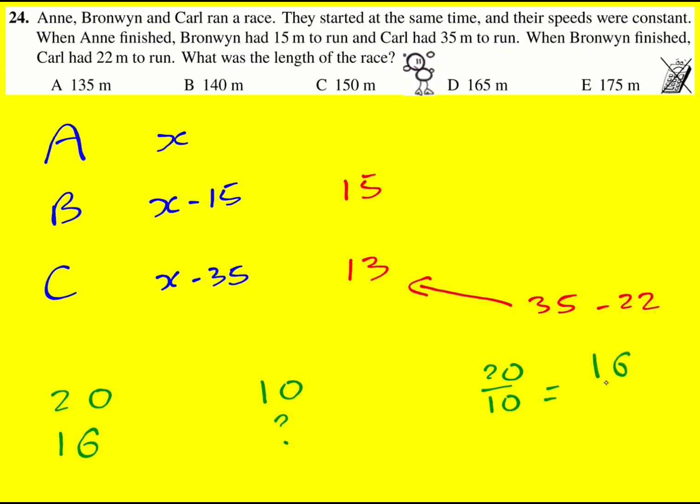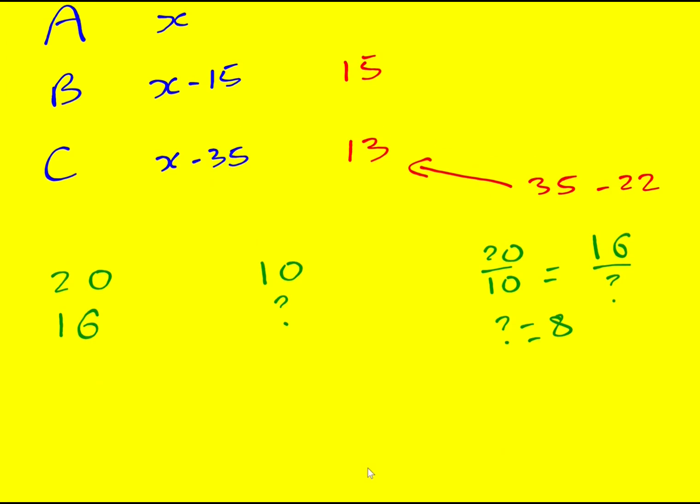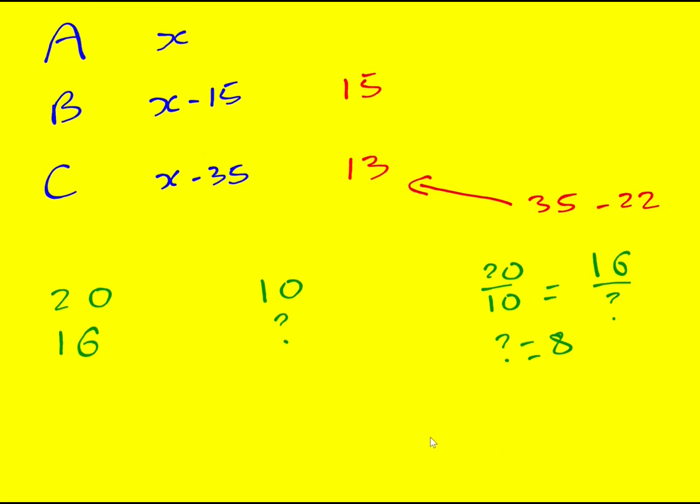And so this is going to be 16 over question mark. And we can solve this equation. In this case, it's just going to be 2 is 16 divided by something, and the something is going to be 8. Now, I've done that because we can basically argue this in the same way.